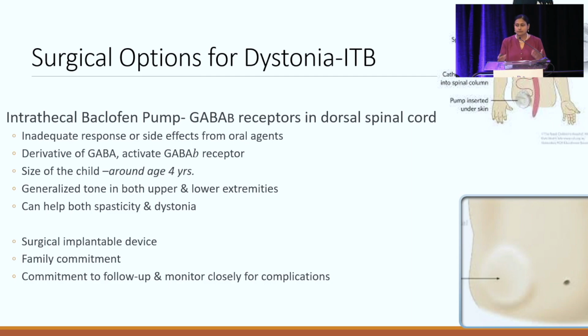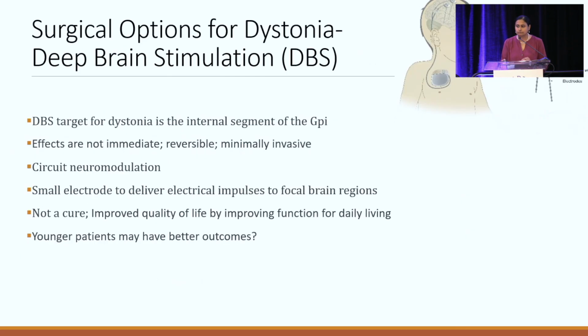And so it's a serious consideration, but it's one that you want to think about as a potential option, especially if you're thinking that the baclofen is being helpful, but you just can't get to doses that you really need to be. And then DBS is a way that you can try to target some of the dystonia, because we know that a lot of what's going on is happening in those different areas of the brain.